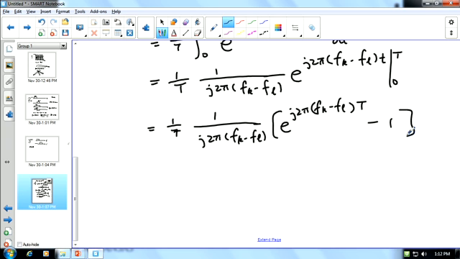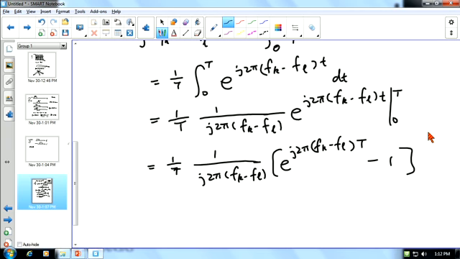Okay, when t is 0, it's 1. Any question? That's just a simple integration.